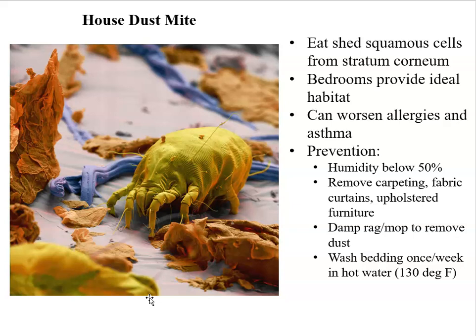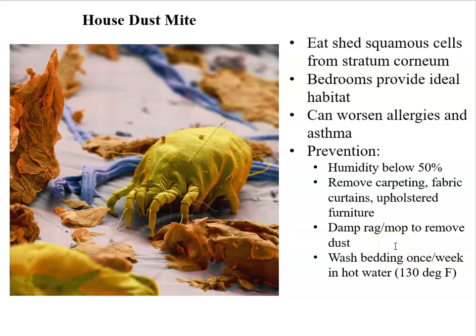There are some things we can do to prevent having a lot of them around. We can keep the humidity low, so a dehumidifier or the AC unit running can drop humidity at or below 50%, which they don't like. And then removing or decreasing carpets, fabric curtains, upholstered furniture, getting rid of dust with a damp rag or mop.